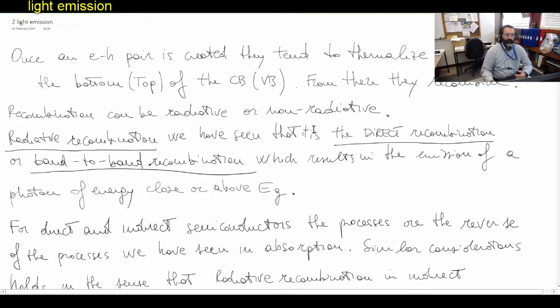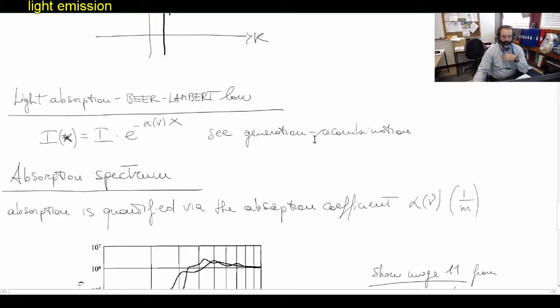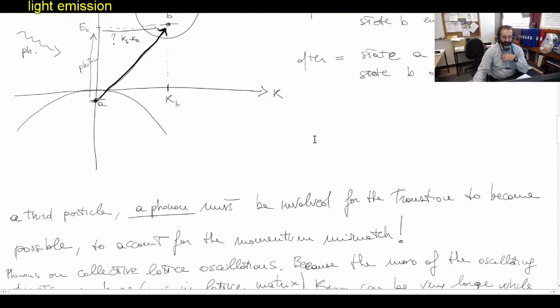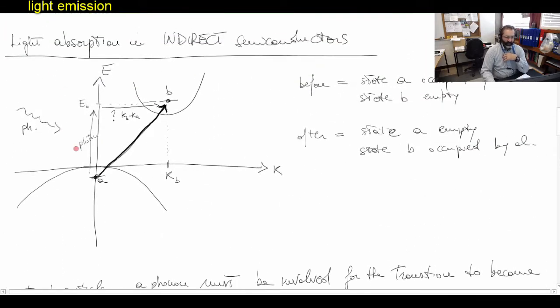Once the electron and hole pairs are created, they tend, first of all, to thermalize. That is, if you go back to the energy band diagrams we drew here, once the electron is promoted into this state, it tends to lose this energy through scattering and move toward the bottom of the conduction band.